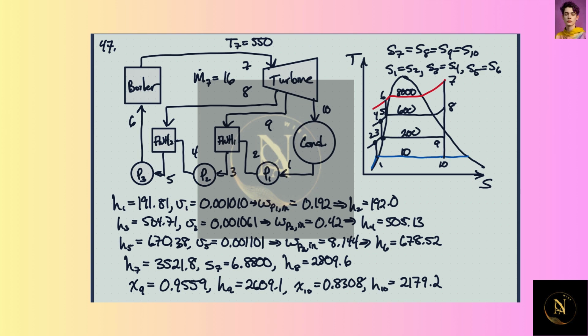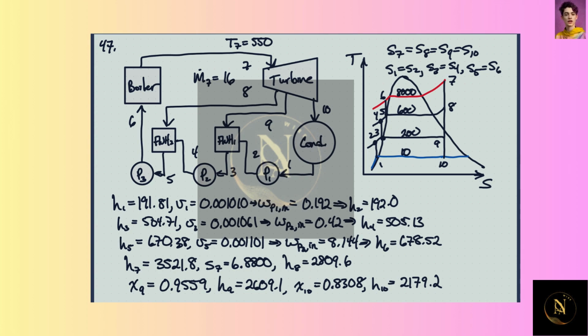and so then at 8, we know the entropy is the same as this, and we also know the pressure, so we can get the enthalpy there. Now we can figure out at 9, again, the entropy at 9 is the same value, but now the pressure is lower, 200 kilopascals, and it's now in the two-phase region with a quality of about 96%.